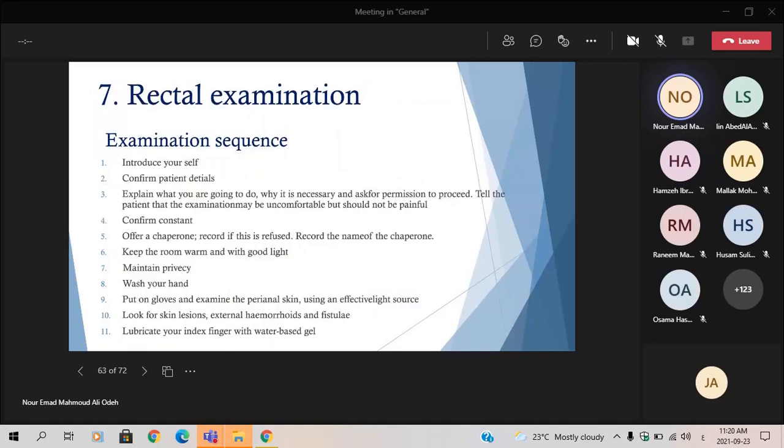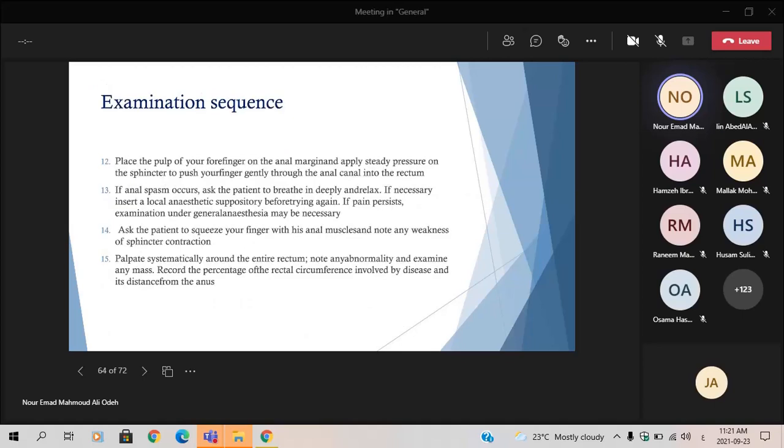And rectal examination. First of all, we need to introduce ourselves, take information of the patient, and perform constant hand hygiene. Then we can do the procedure by wearing gloves, lubrication, then inserting two fingers.